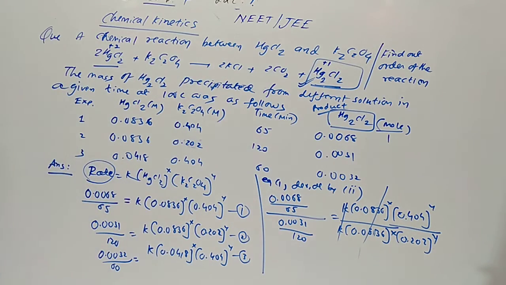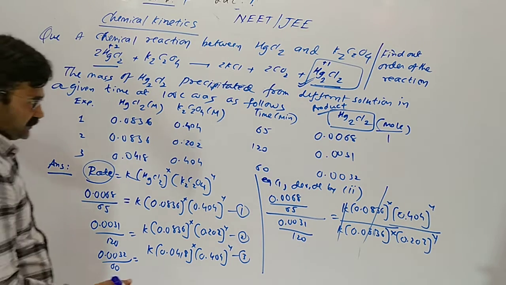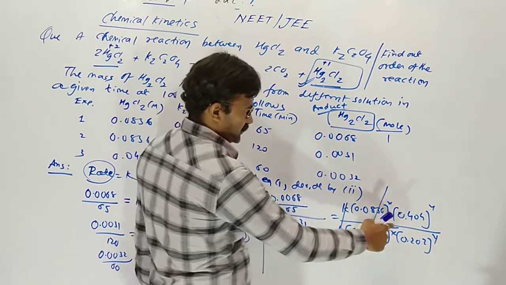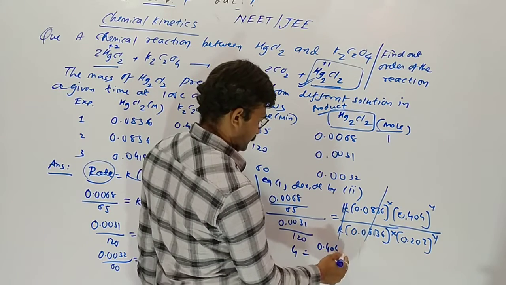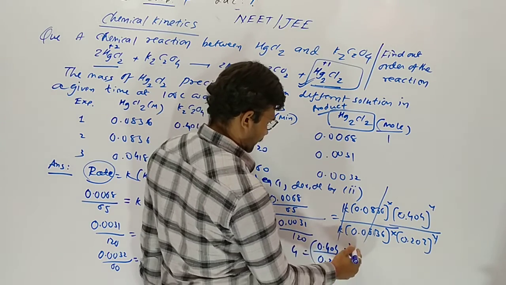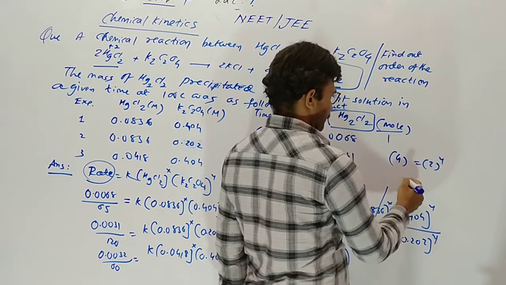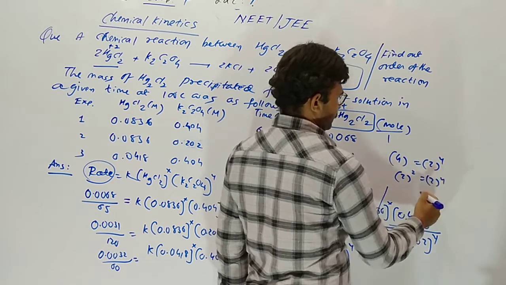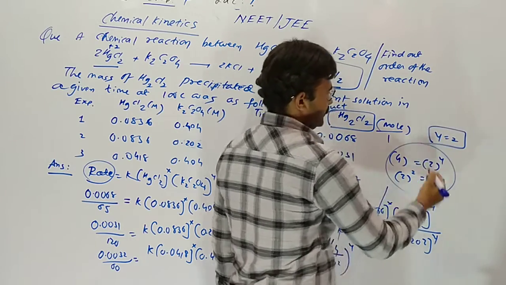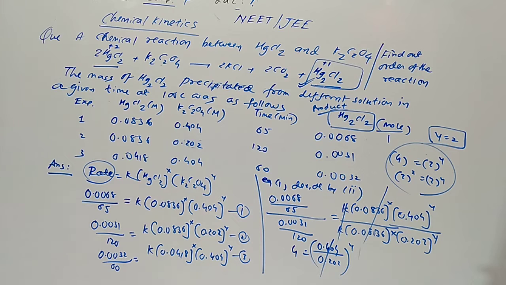Here division comes, the divided value of this is 4. Yes, here it will be 4. So 0.404 by 0.202 raised to y. These are 2. So 4 equals 2 raised to y. So 4 means 2 raised to 2. So here y will be 2. Understood? The y is 2.